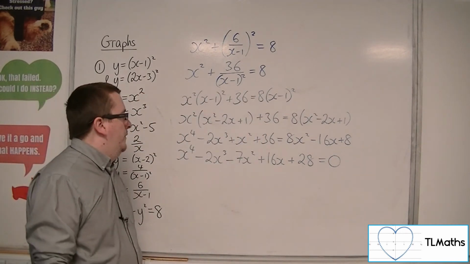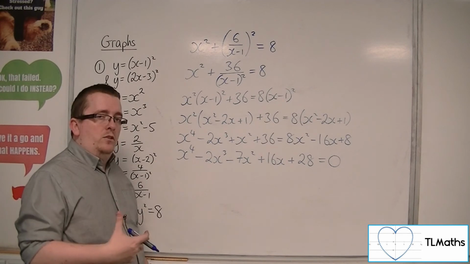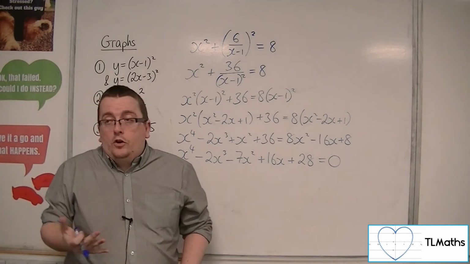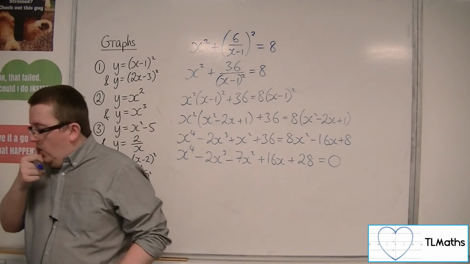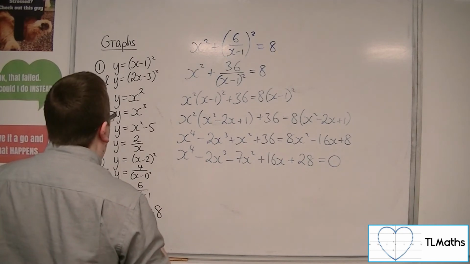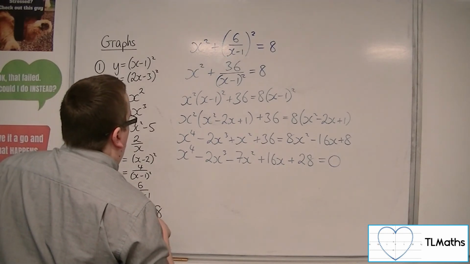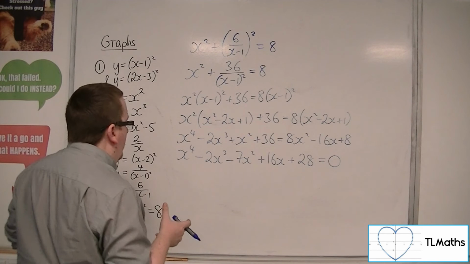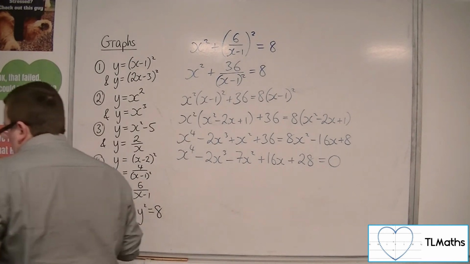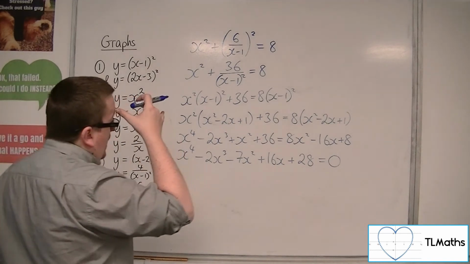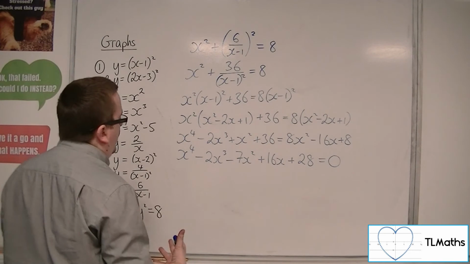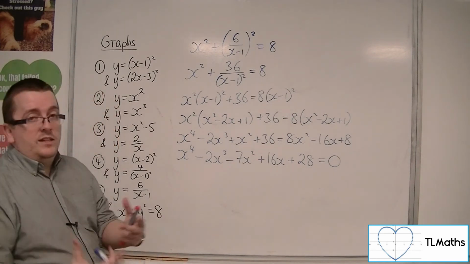Right, so now we're going to use the factor theorem again. I've got a quartic, so I would have to use the factor theorem. So I would try 1, I would try minus 1, I would try 2, I would try minus 2, until I started to hit a value.